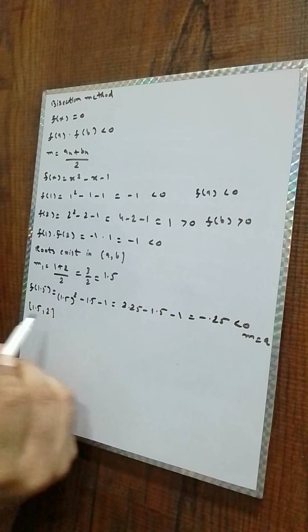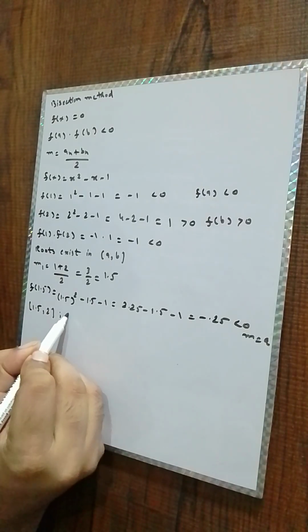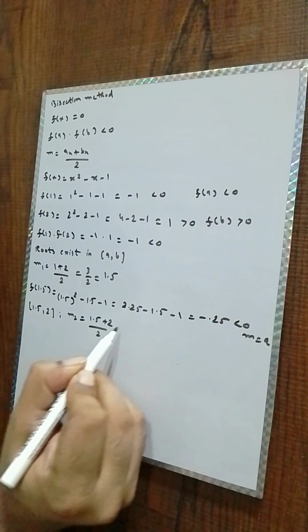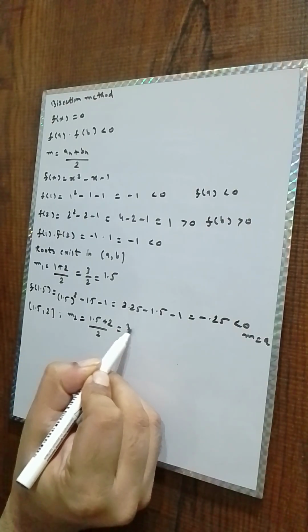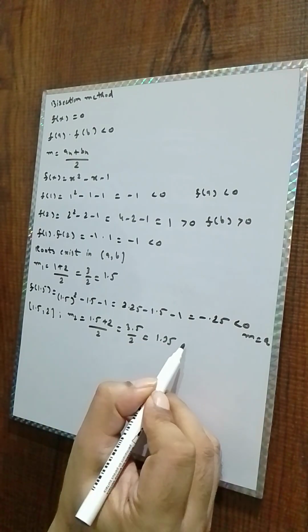1.5 in place of a, and b is 2. And now we take the second mean, and m2 would be 1.5 plus 2 by 2, which is 3.5 by 2, which means 1.75.